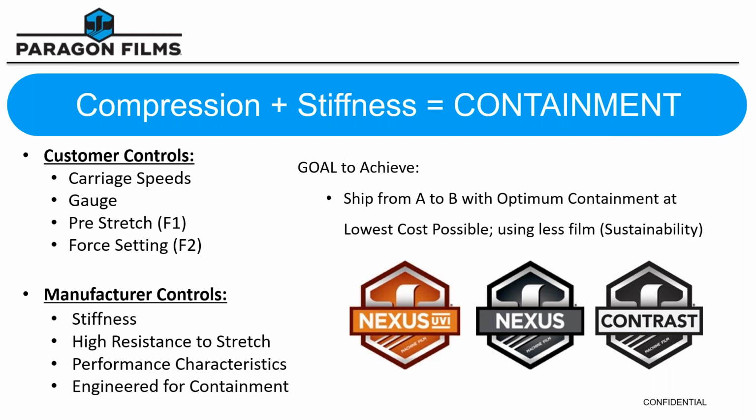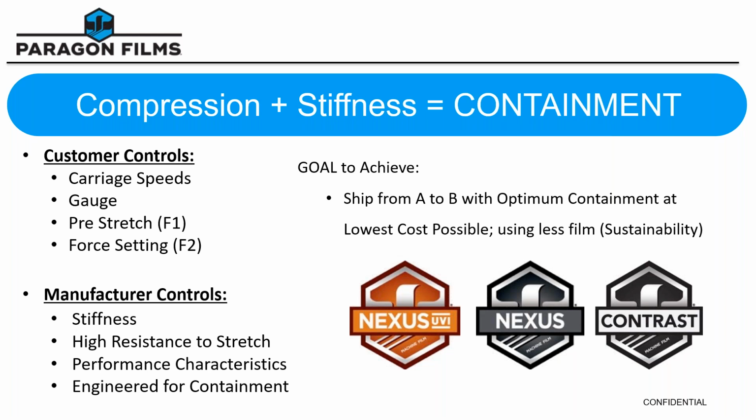And so it's important to note, especially for the customer's control, how these can be changed and adjusted to achieve that overall goal of getting a product shipped from point A to point B with optimal containment at the lowest cost per pallet using the least amount of film possible, which is a big part of Paragon Films' belief of savings for the customer and savings in terms of sustainability.